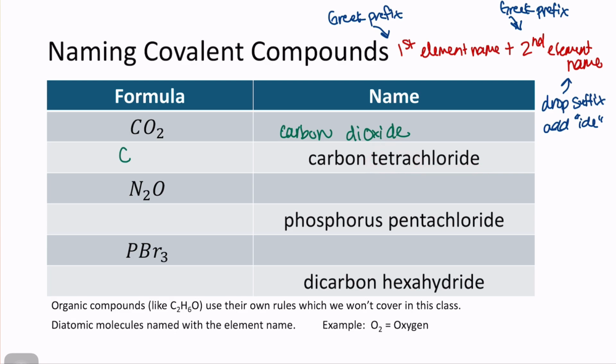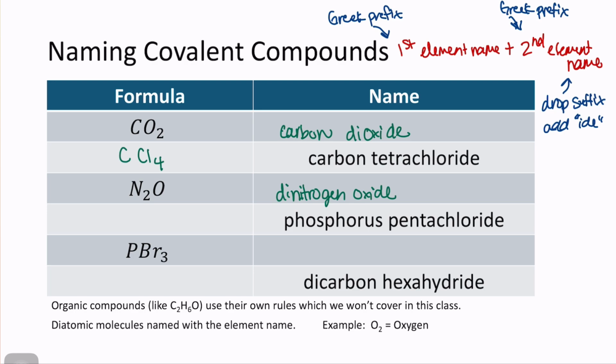So this molecular formula is going to be CCl4. In my next example, I have nitrogen and oxygen. I only have one oxygen, but I have two nitrogen. So I'm going to put di in front of nitrogen, and then I can just put oxide, dinitrogen oxide.